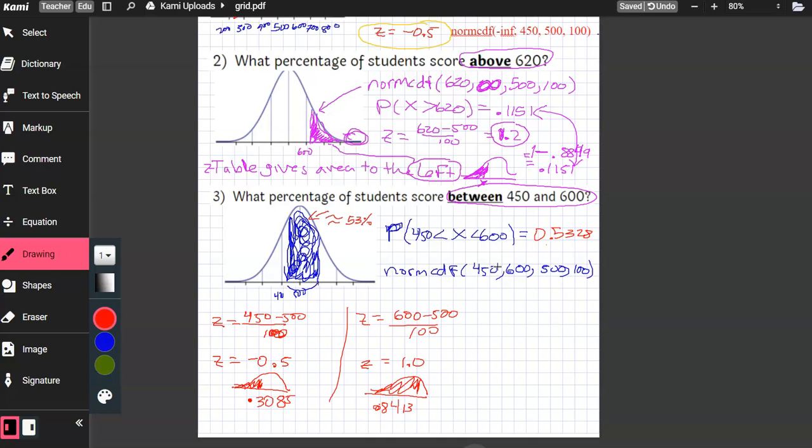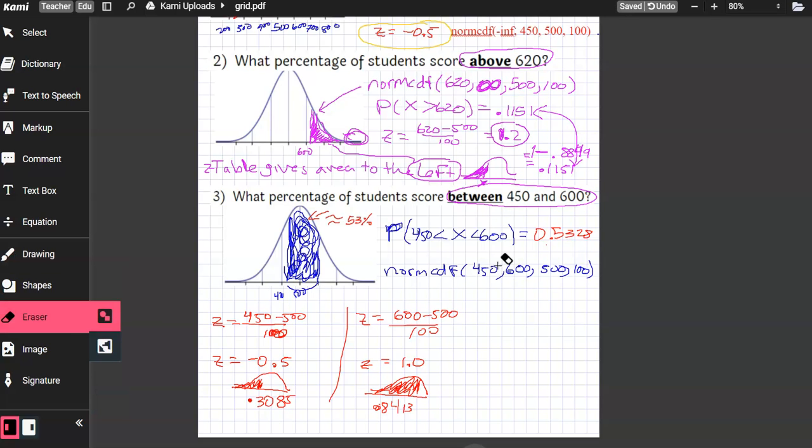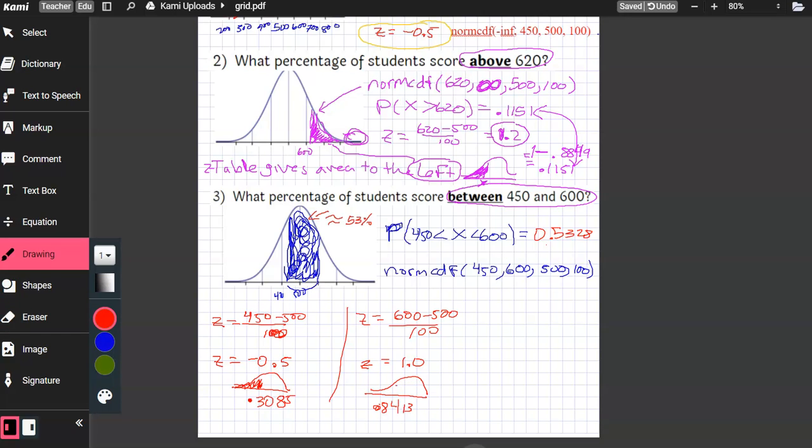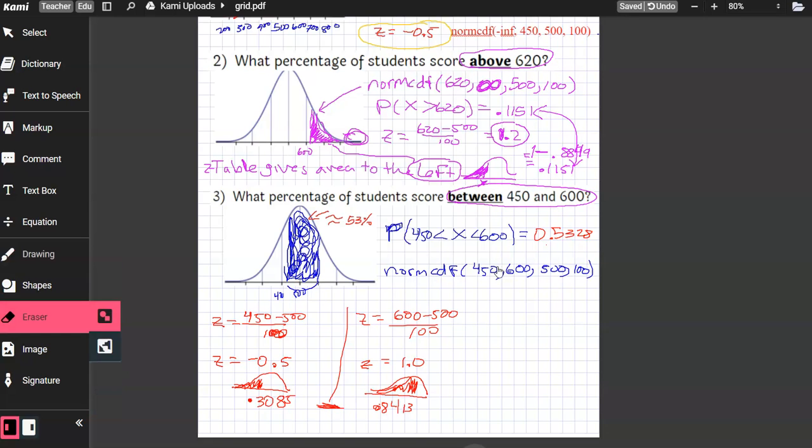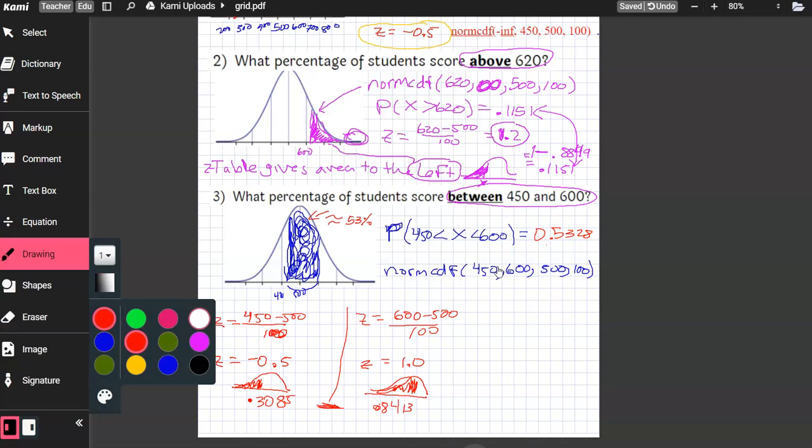So I'm not interested in the whole thing. What I've got to do is subtract, like I was erasing, taking away this part here.